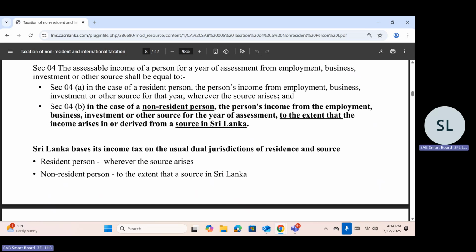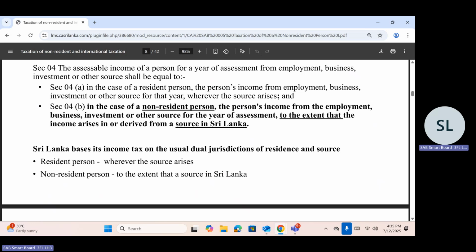In the case of a resident individual, we follow the resident principle. Taxing right with Sri Lanka. In the case of a resident person, we can tax them even though they are paying tax outside Sri Lanka. Taxing right with Sri Lanka.